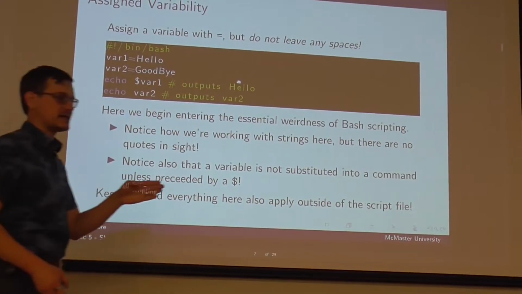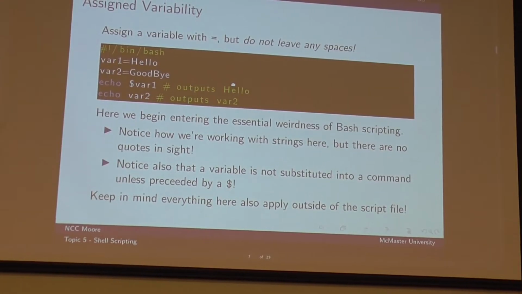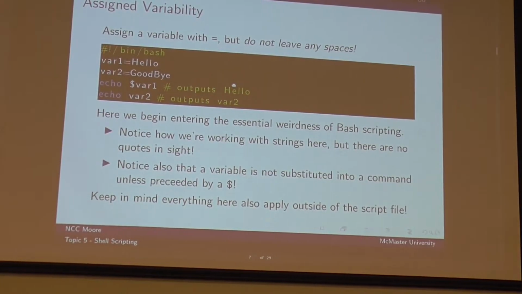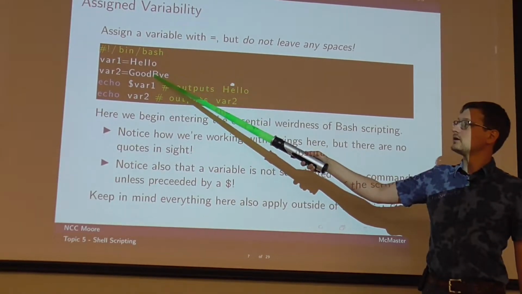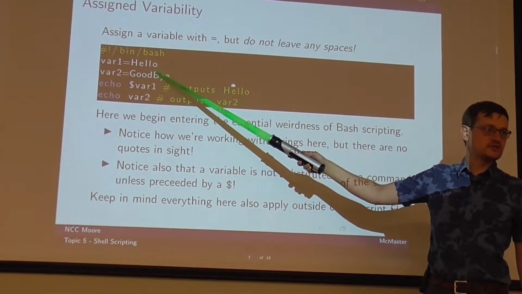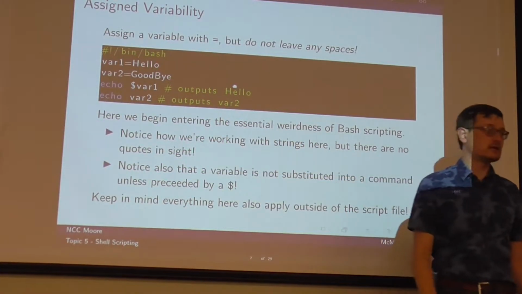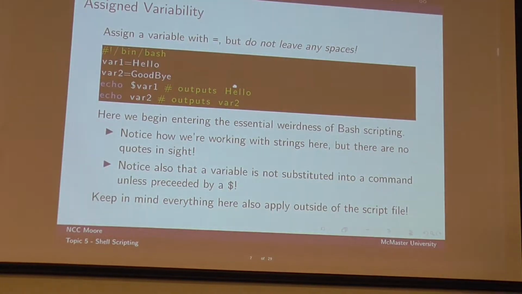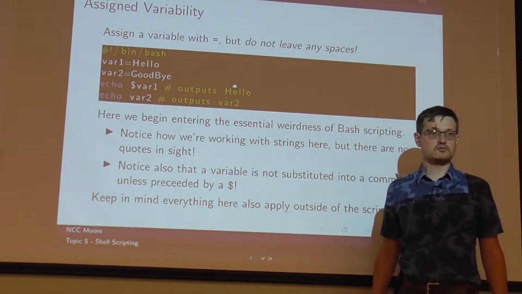We have access to variables. Variables are an extremely powerful abstraction mechanism in bash, but they represent strings. You'll notice that unlike C, no data type has been declared with these variables. That's because all variables in bash represent strings.